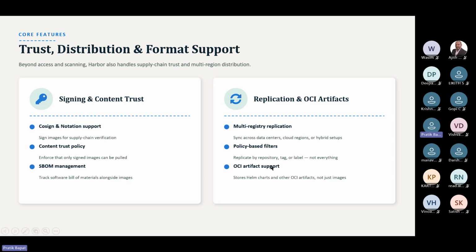And it supports OCI artifacts. So we can store images or Helm charts in Harbor. All the OCI artifacts which follow the OCI standards, we can store in our Harbor registry. These are the core features.